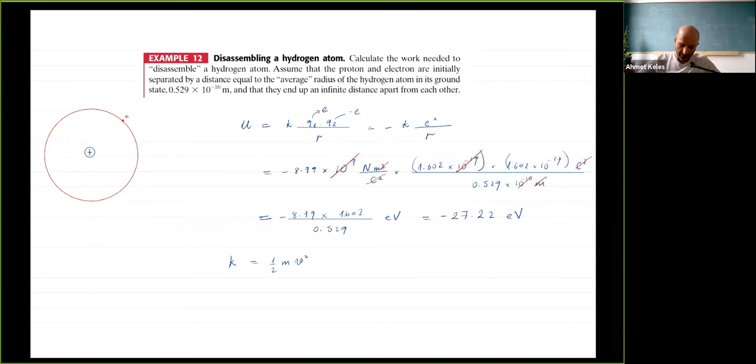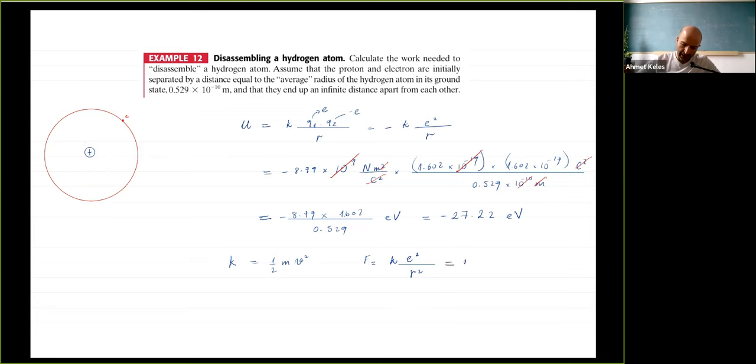Exactly, centripetal force. The force is K Q1 Q2, which is e squared divided by R squared. The sign, I know it is going to be attractive, so I don't get any trouble with signs.